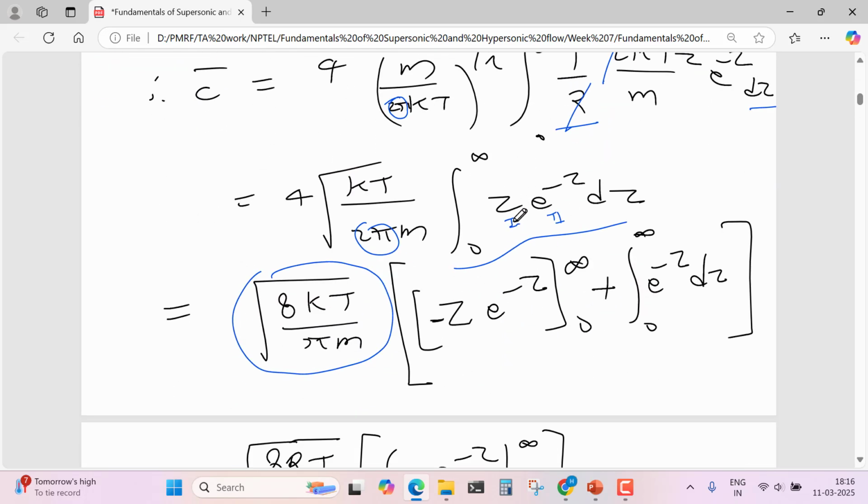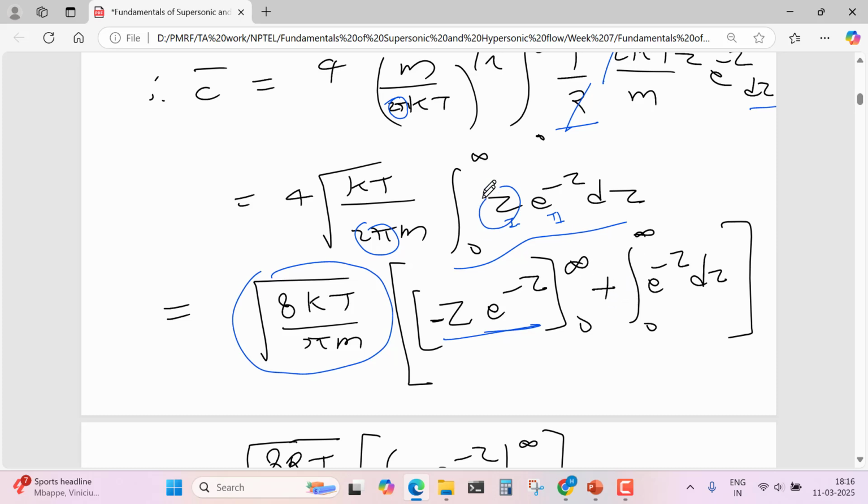Now we will do the integration by parts. This is the first function, this is the second function. So it will be first function into integration of second function, whose integration is minus e to the power minus z, minus differentiation of first function into integration of second function, whose integration is minus e to the power minus z. So minus minus will become plus here.